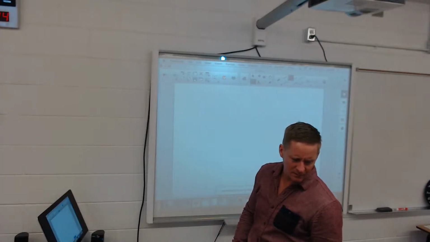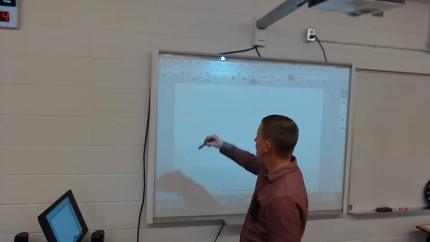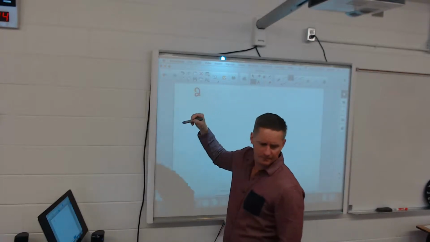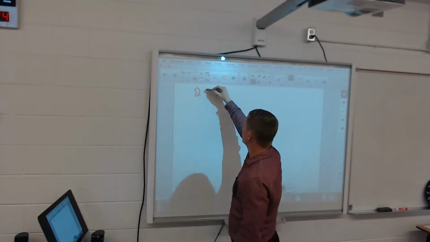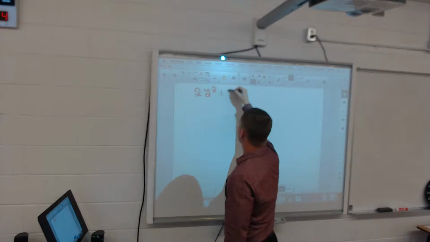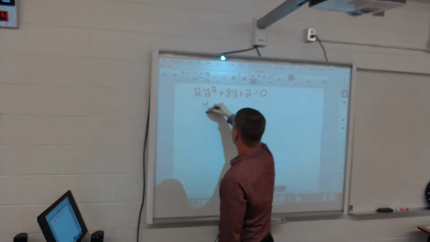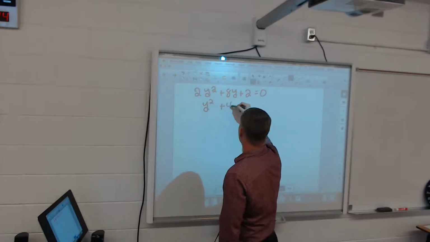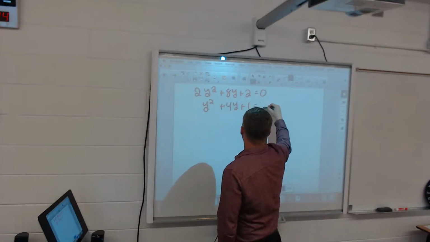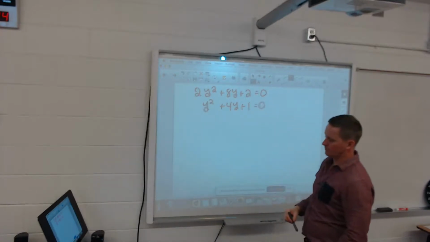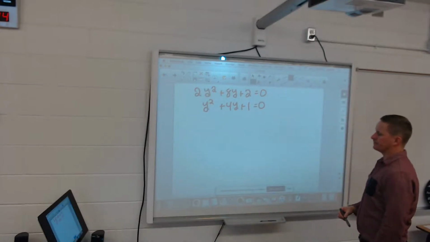Yeah, because it's non-factorable. When I did it, it's factorable, but I'd get y squared plus 4y equals 0. But I don't know how to solve that with no constant. Well, first of all, that's not factorable. Okay.